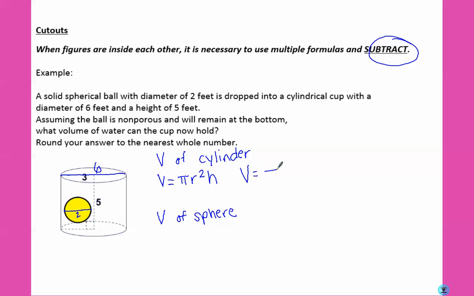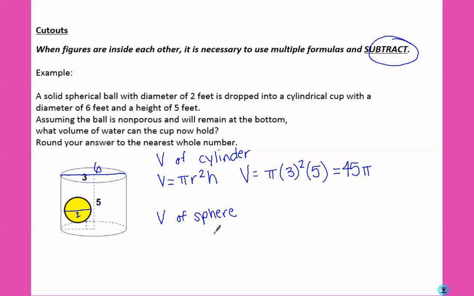So in our case, pi, our radius is 3 squared times 5. And I'm not going to type in the pi to my calculator right now. It's going to make it easier when we subtract. So I'm going to get 45 pi, because 3 squared is 9. 9 times 5 is 45.